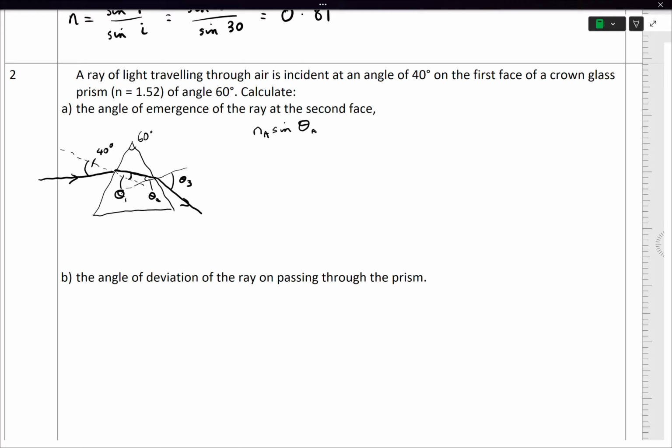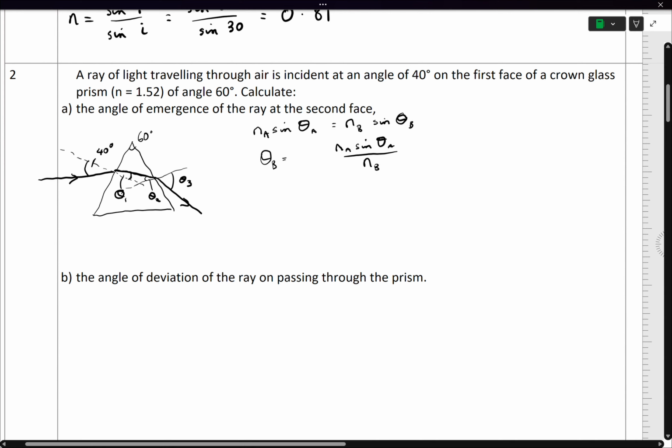So I'm going to call this formula NA sine theta A is equal to NB sine theta B. We want to find the value of theta B, so that is the inverse sine of NA sine theta A over NB.